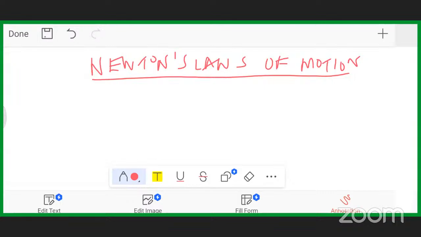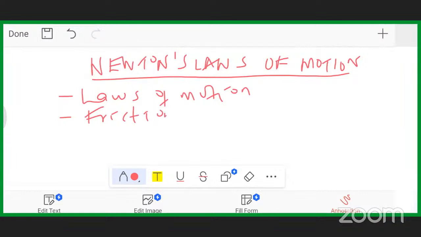We're going to look at Newton's three laws of motion. After that, we shall be able to look at friction, both dry friction and also fluid friction.